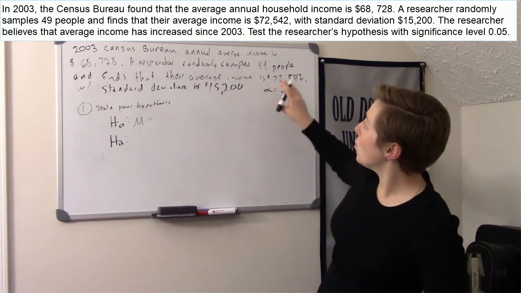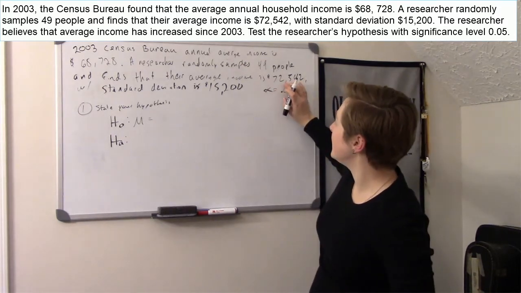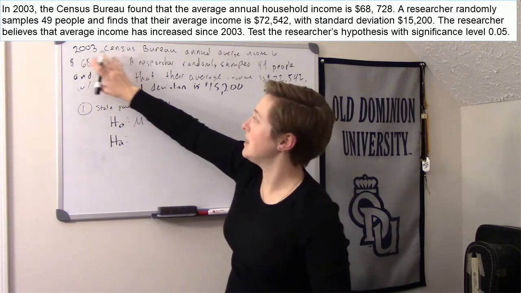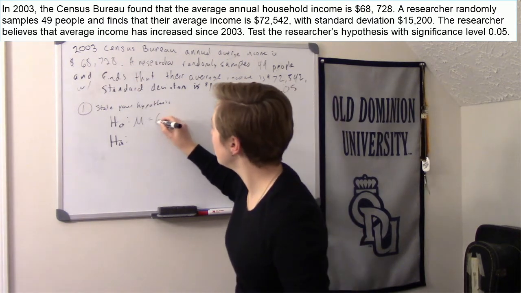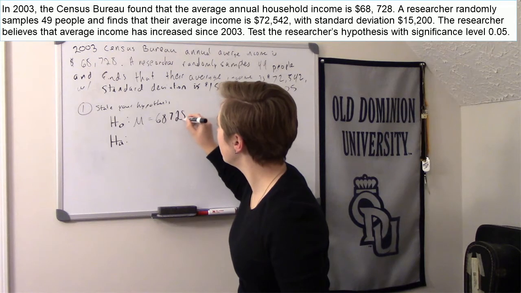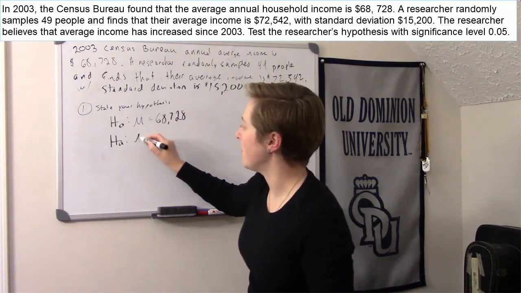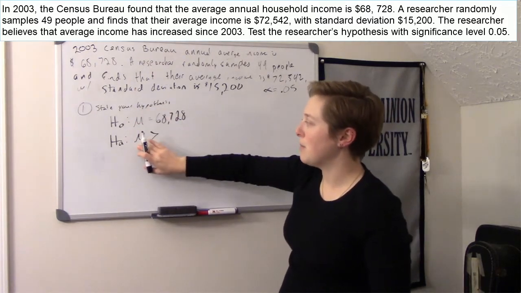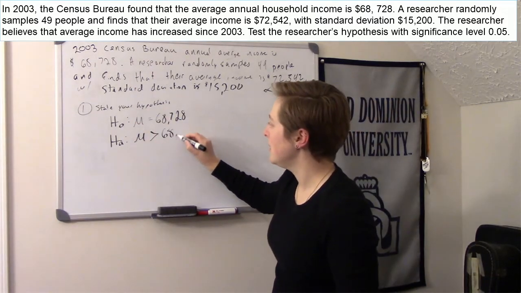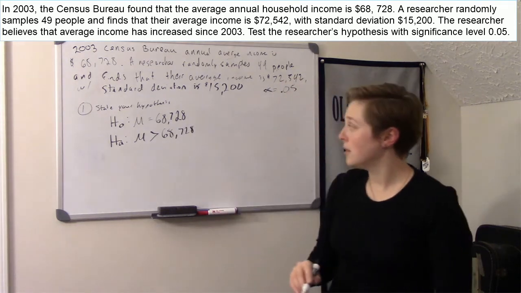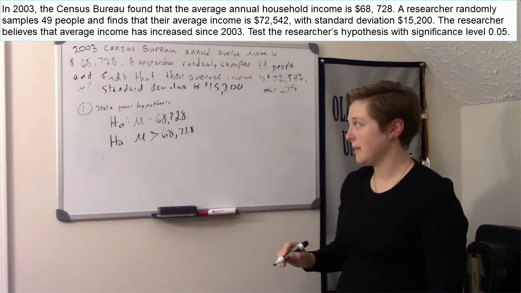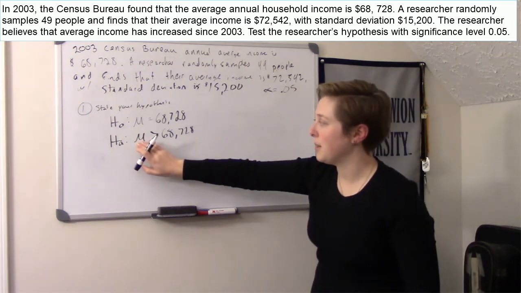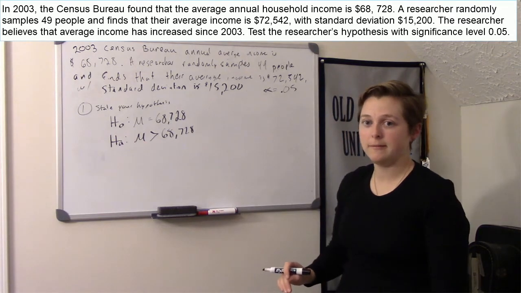In this case, this is our population mean. And the alternative hypothesis is whatever you're testing. So in this case, we're testing, is the true population mean more than 68,728? Make sense? So we're testing, is the true population mean more than what it used to be?